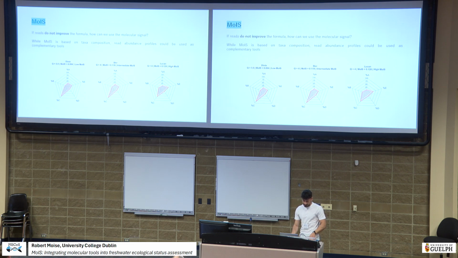And lastly, as I said, I've not been looking at the number of reads, only at the taxa detected, but I think that's still interesting information there. So I was thinking of developing these maps that are based on the read abundance profile as a complementary tool, so then you can have your index and maps like this, where you can see the distribution of the reads across the different classes.